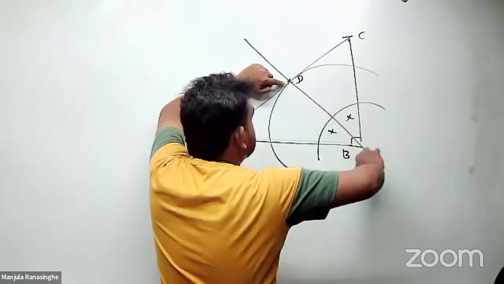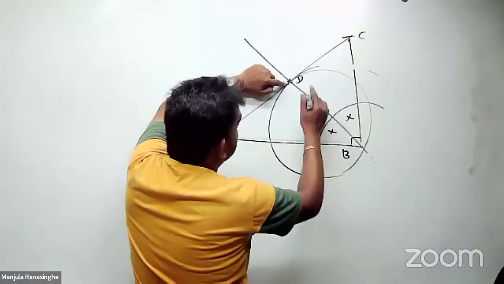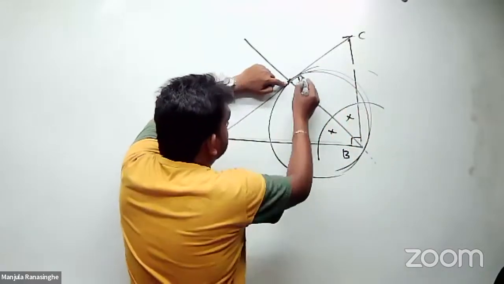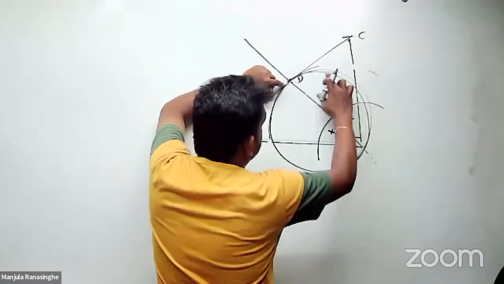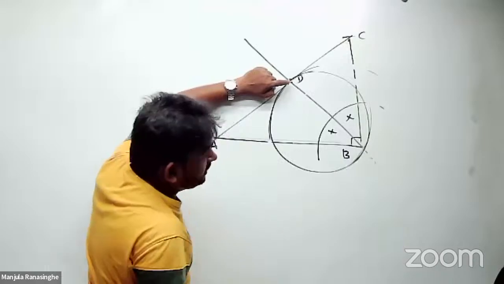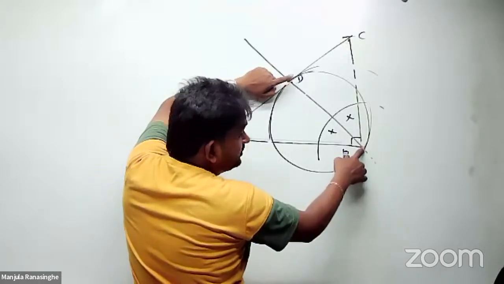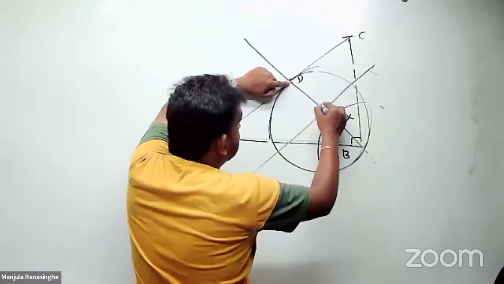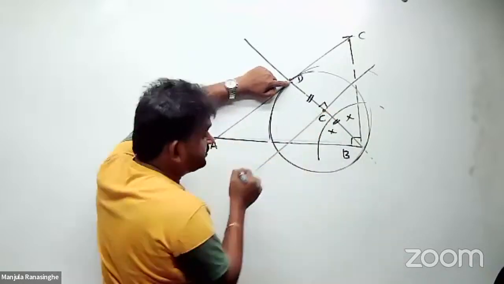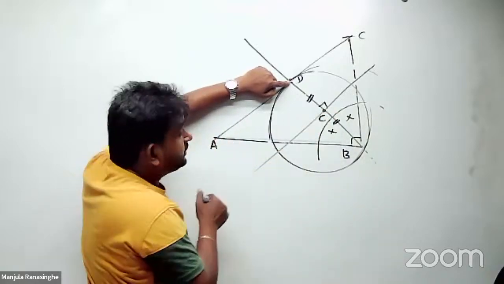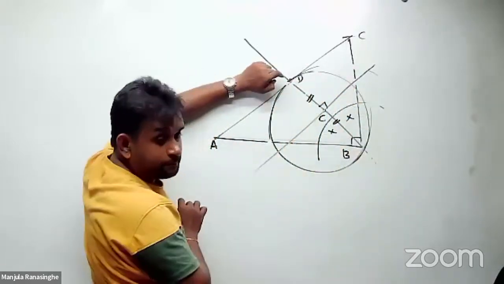It may be like this, passing through BD. How did we find the center with BD as the diameter? From BD, the perpendicular bisector is drawn. Now the center is found. Then from the center, take this as the radius and draw the circle.